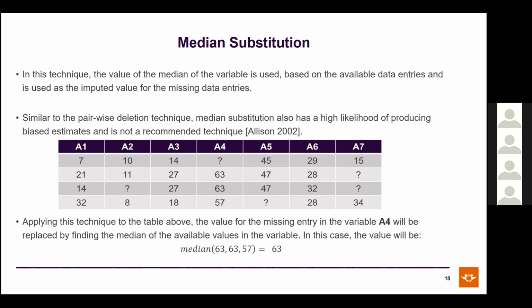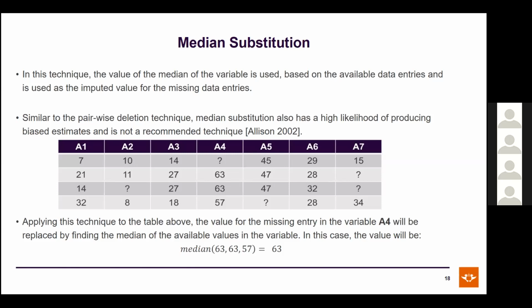If we take A4 again, we have 63, 63, and 57. The median of that will be 63, so the missing information will be 63. Then you still ask yourself, is that fine? Is it representative? Is it good enough?